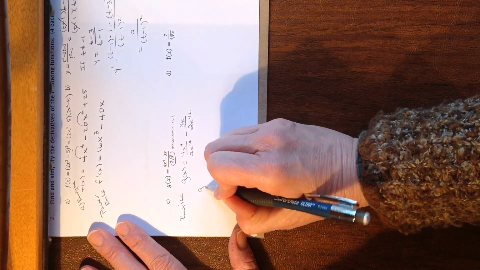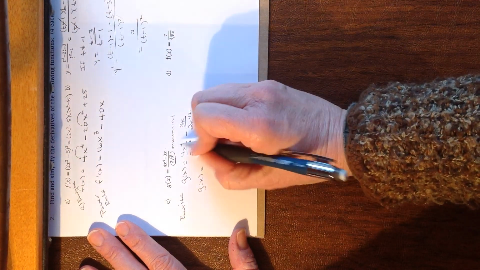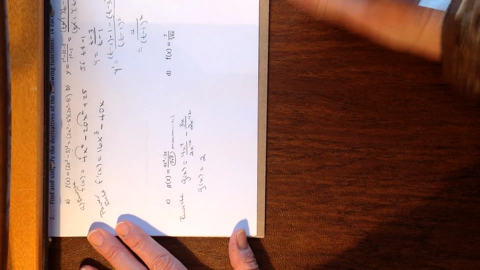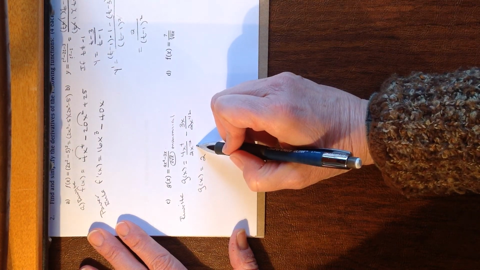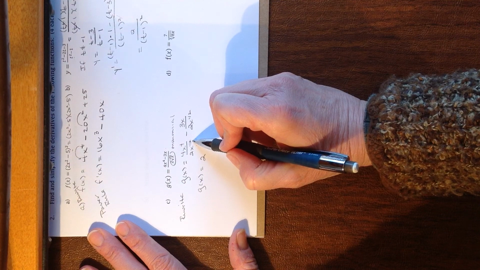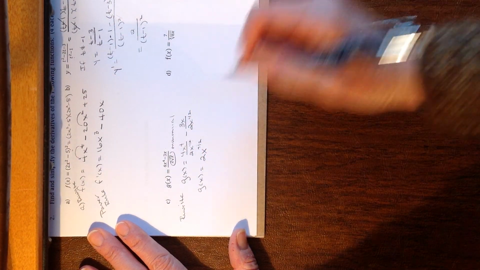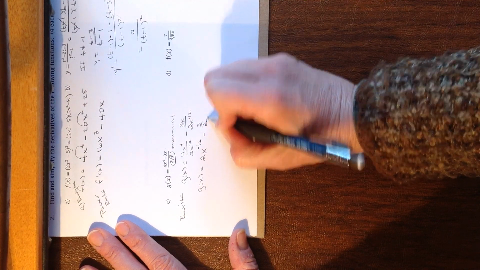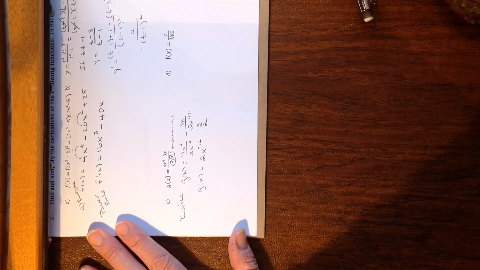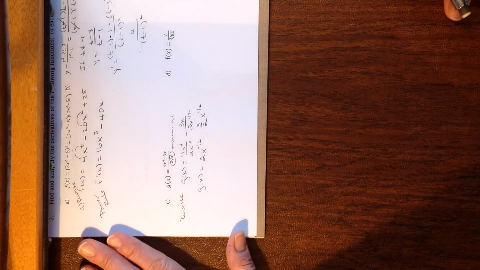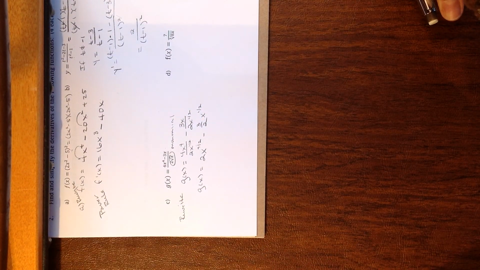And then you can simplify each fraction. 4 divided by 2, and x to the fourth divided by x to the 1/2 is, when you subtract your exponents, x to the 7/2. Here, 3 divided by 2 is going to stay 3 divided by 2, and 1 minus 1/2 is going to mean 1/2. So I haven't done the derivative at all.